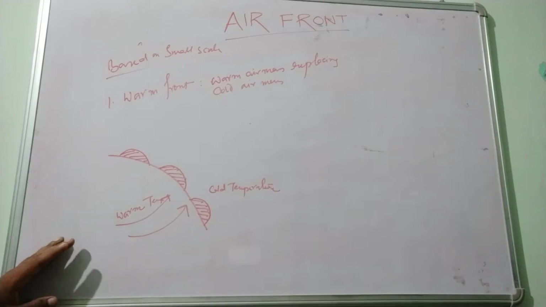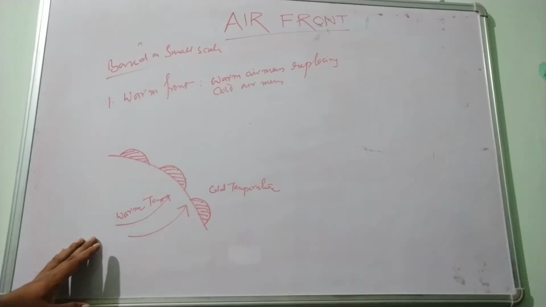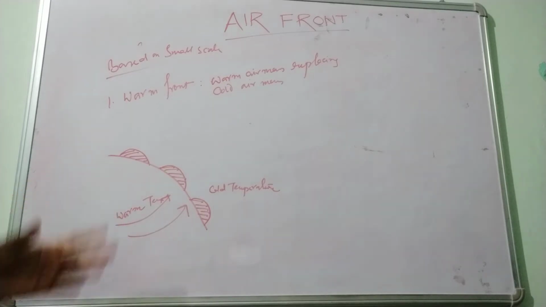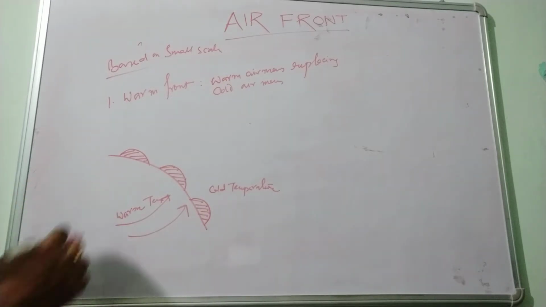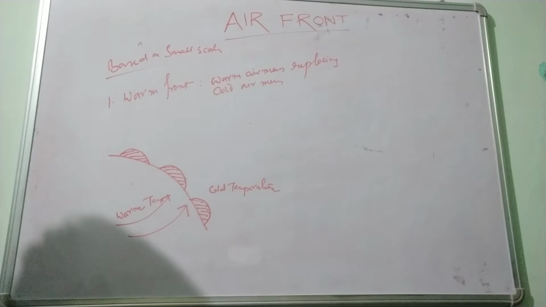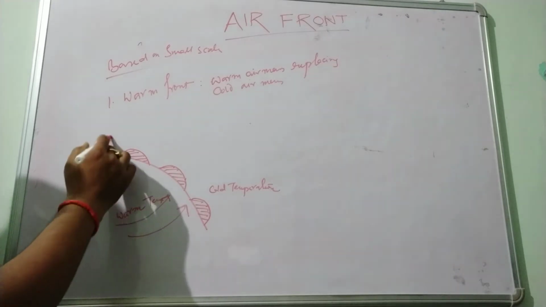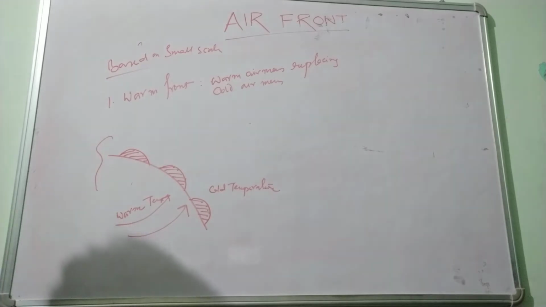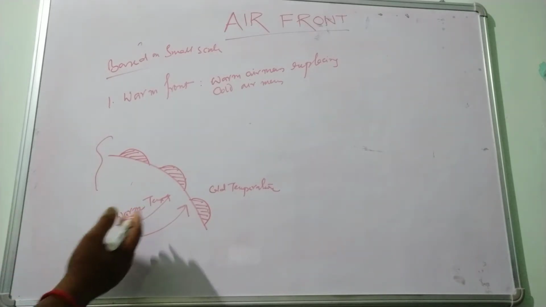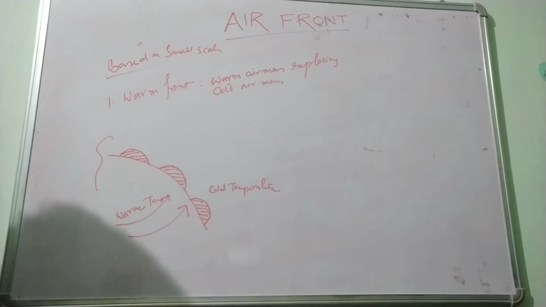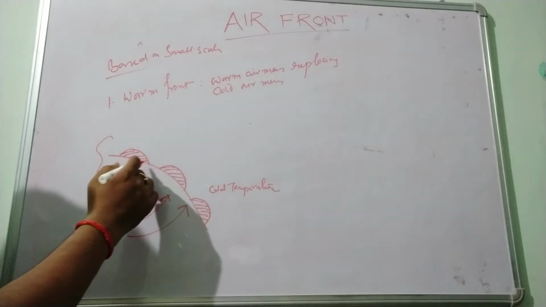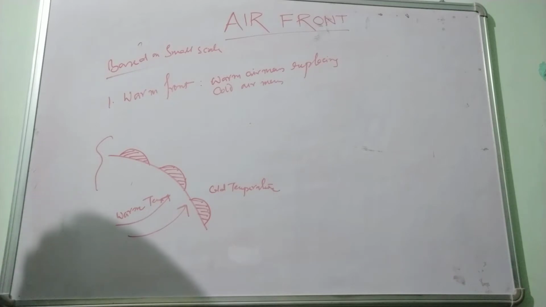The air behind the warm front is warmer and more moist than the air ahead of it. On a weather map, it is represented by a red curved line with red semicircles, and the semicircles point in the direction the warmer air is moving.